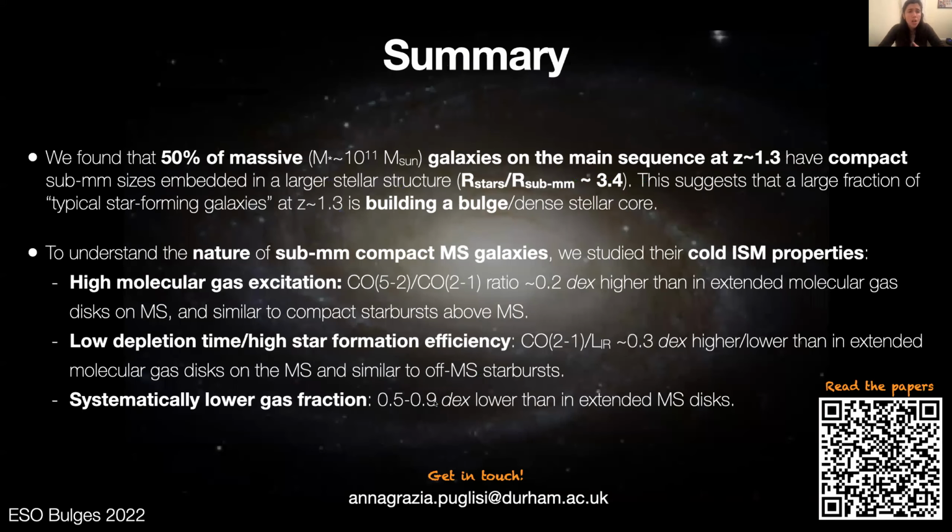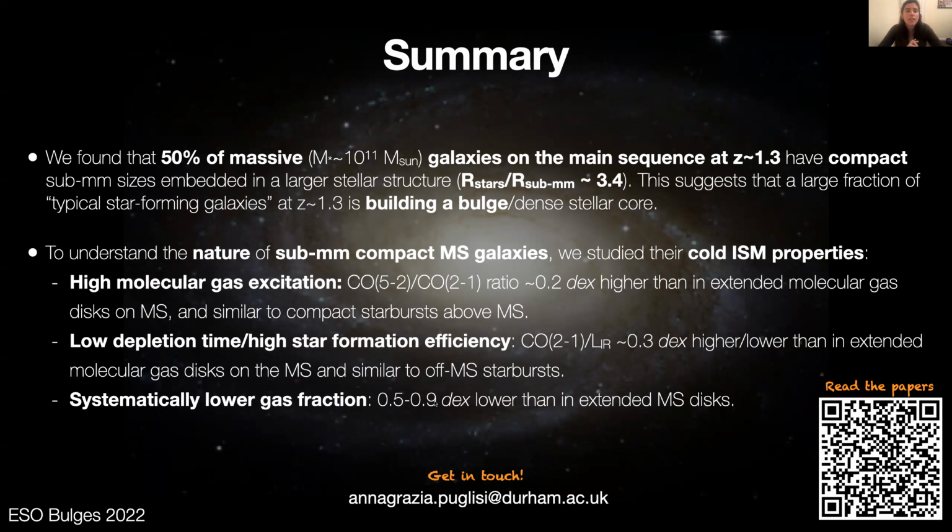So to conclude, we studied the structural and interstellar medium properties of galaxies on and above the main sequence at redshift 1.3. We found that 50% of the massive main sequence galaxies population have compact sub-millimetre sizes, on average 3.4 times smaller than the stellar extent.